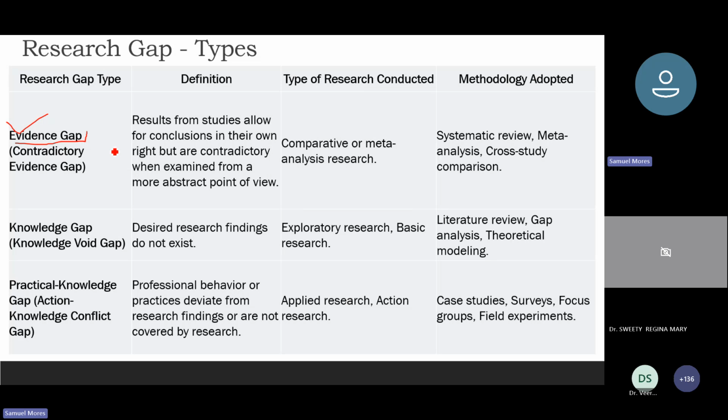Instead of that, you can say this particular area is studied in these countries, but there is an evidence gap since there is no study conducted from India, or from Karnataka or Tamil Nadu. So this is one type of gap. What type of gap you are addressing in this research, you have to write in the research design.